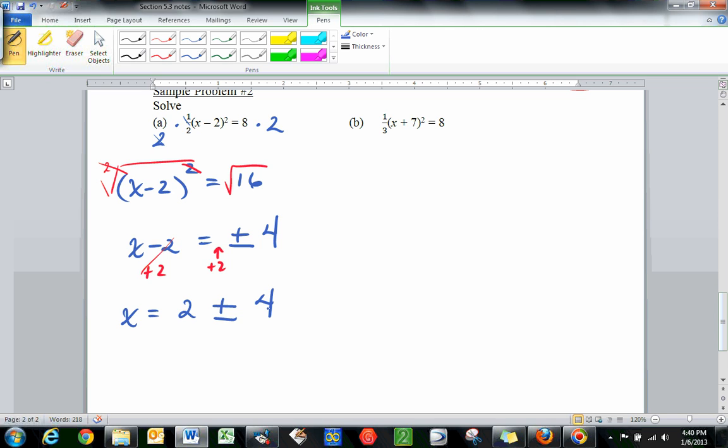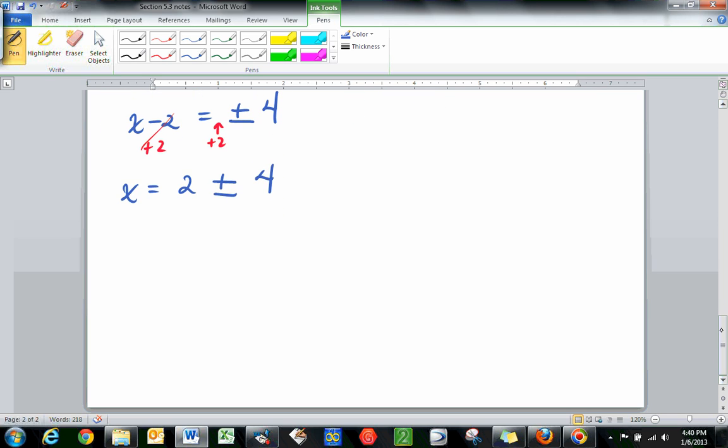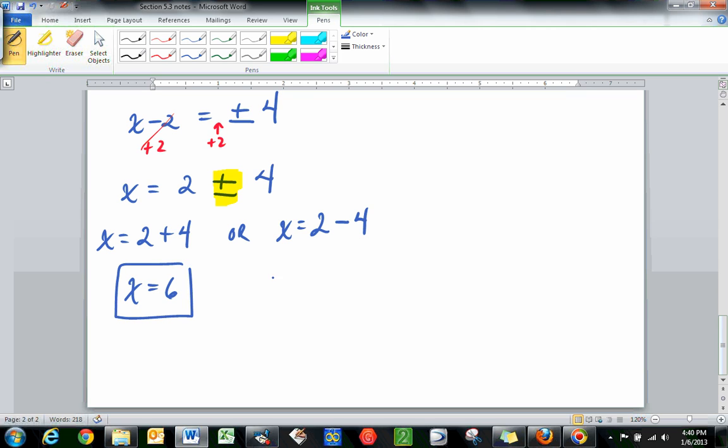Now, 2 and 4 are like terms, so we can actually finish this problem by breaking it up into two separate operations. We can say that x is 2 + 4, or x is equal to 2 - 4. So what we've done is we've taken this plus or minus symbol and broken it up into two different parts so that we can get two distinct answers.